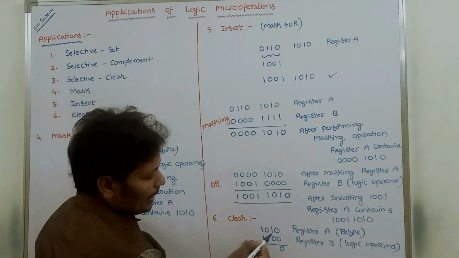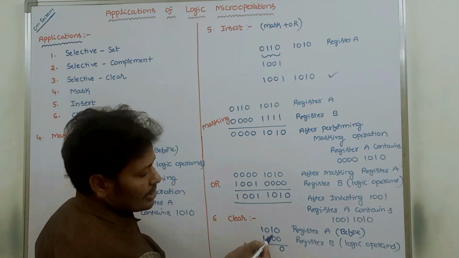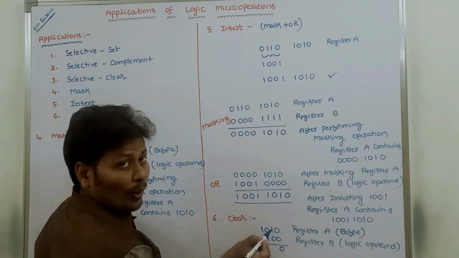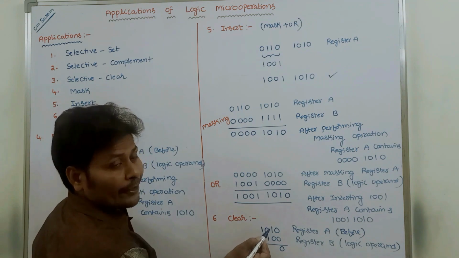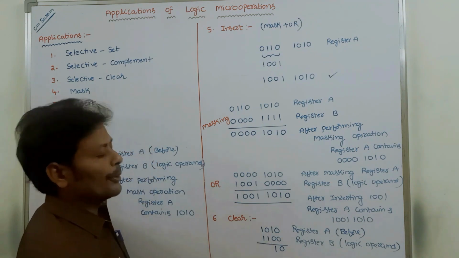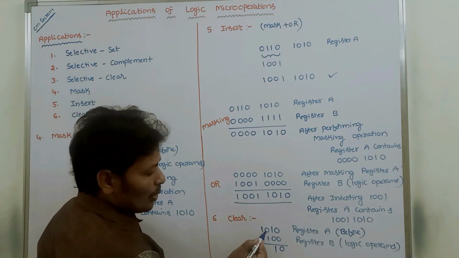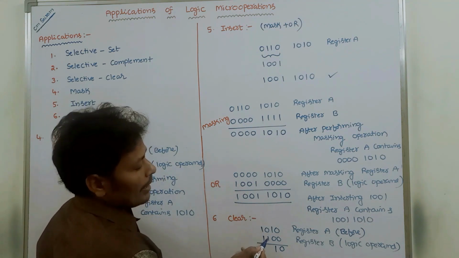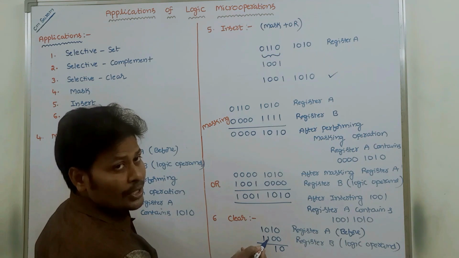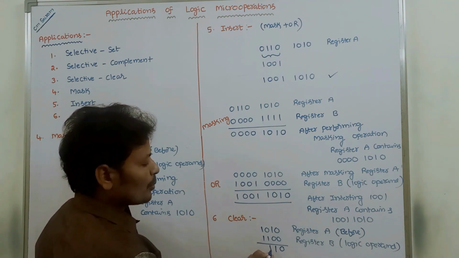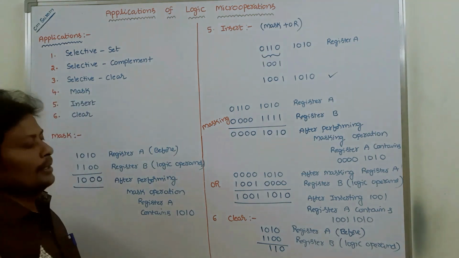Next, here 0 is there in register B. Here the corresponding bit in register A is 1. Both bits are different, then we have to put value 1. Next, here 0 is there in register A, here 1 is there in register B, the corresponding bit. Both bits are different, we have to put value 1.